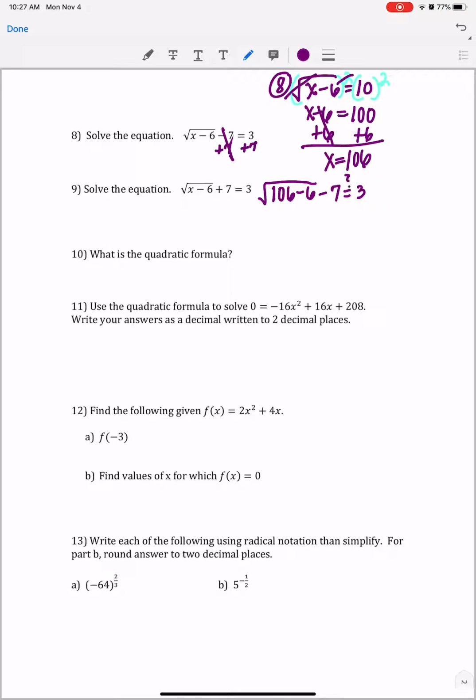And I'm trying to determine if that is true. So 106 minus 6 is 100. Square root of 100 is 10. And 10 minus 7 is 3. So this is my answer.